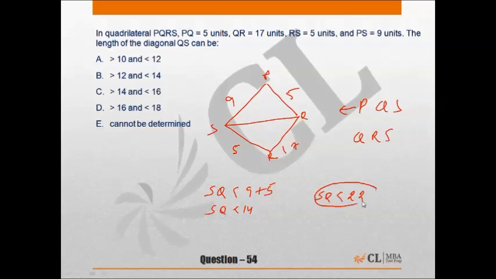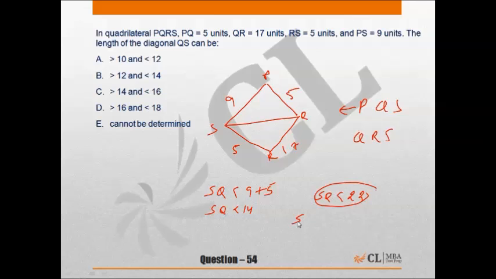Obviously this is not of any use because we have already got SQ as less than 14, so we need to apply the second property wherein any side is greater than the difference of other two sides.